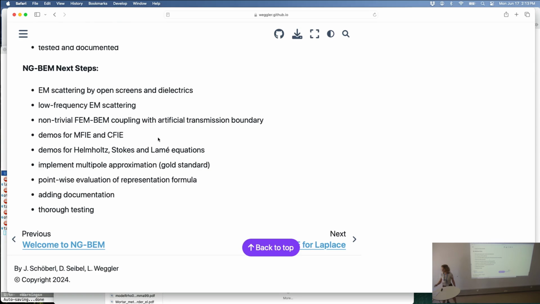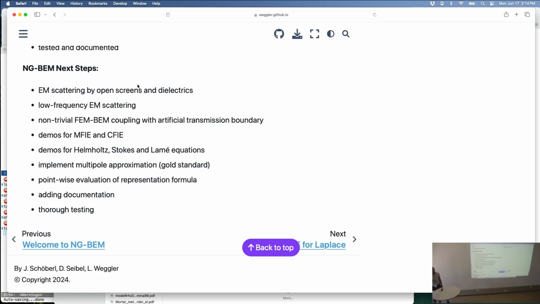Right now we have an evaluation of the representation formula in an L2 sense, but there is potential to make it faster and maybe also very nice documentation and more testing. So that's what are the next steps.